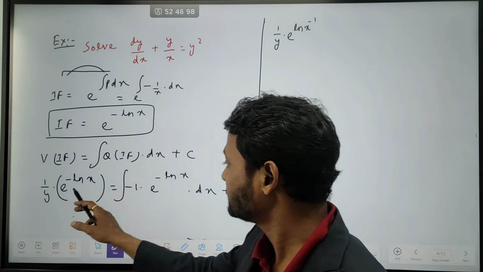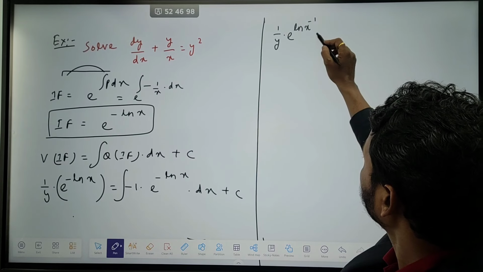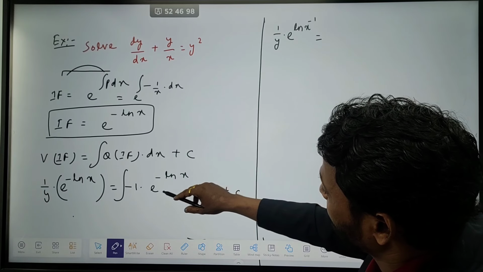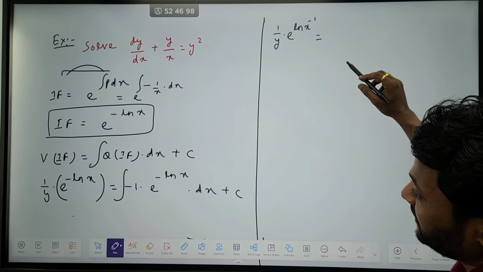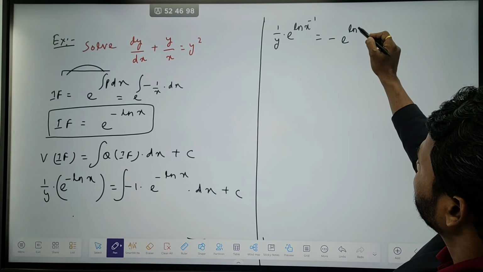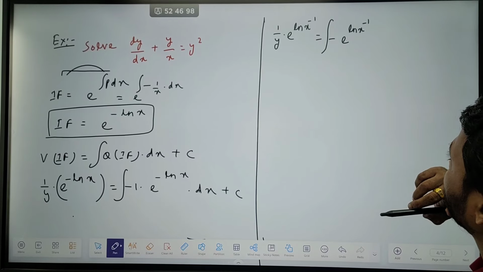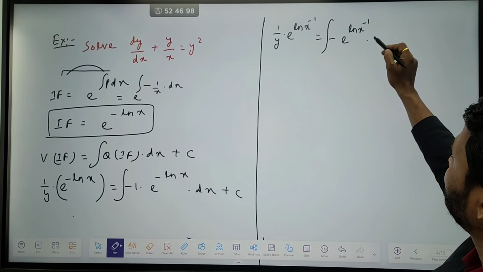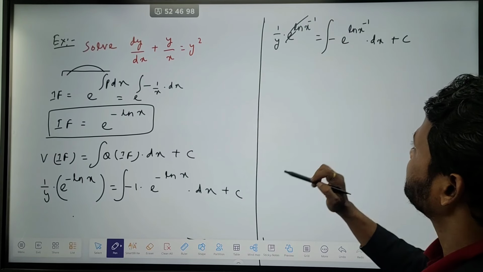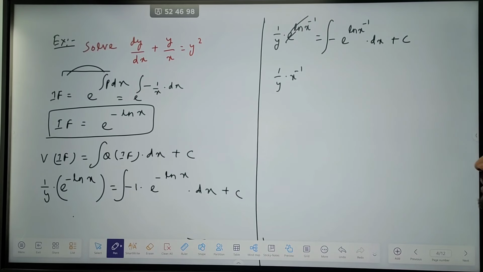So I can write in this way, e to the power ln x to the power minus 1, into dx plus c. So e and ln will be cancelled. Understood? So 1 by y into x to the power minus 1.